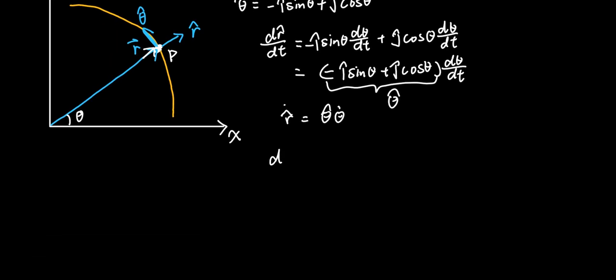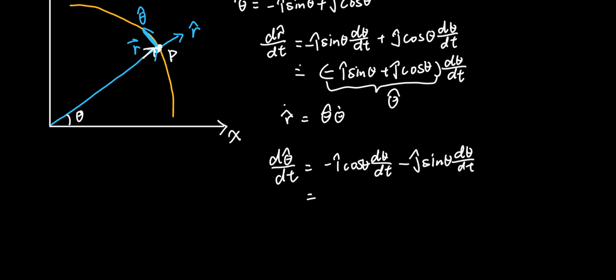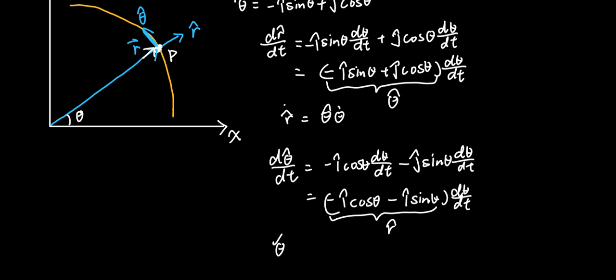Similarly, the derivative of theta hat with respect to time is minus i cosine theta d theta dt minus j sine theta d theta dt. And we can rewrite it into this form. So this part becomes r hat. The derivative of theta hat can be written as minus r hat times theta dot.